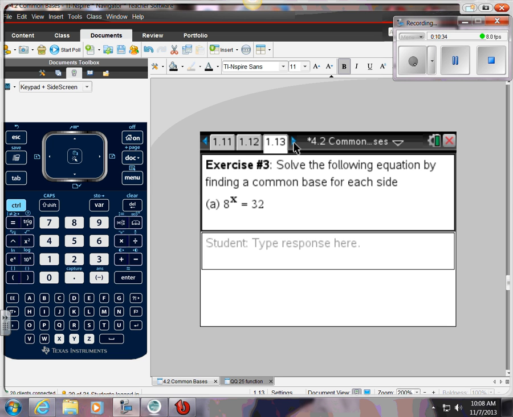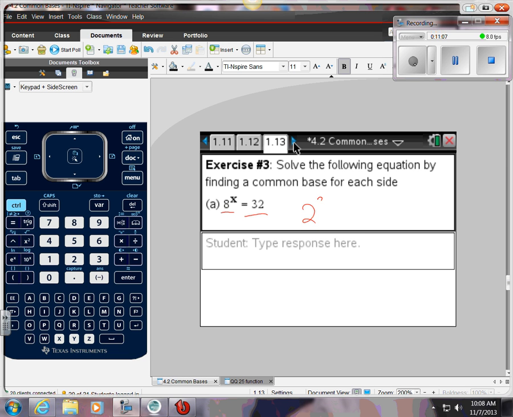We need to find a common base. 8 and 32. 2? Okay. Why couldn't we use 4? We said we could use 2. 2 raised to what is 8? 2 raised to the third.